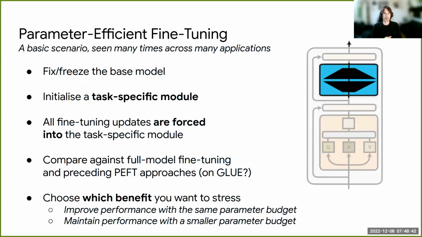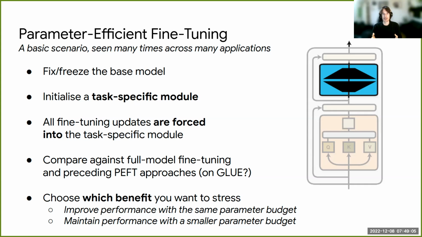When we talk about parameter-efficient fine-tuning, a basic scenario, which is typically how it is used across many applications, is: we have our large neural model, which is the base model, and we just want to perform a specific task. You can think about standard GLUE-style, SuperGLUE-style tasks, and other tasks as well.